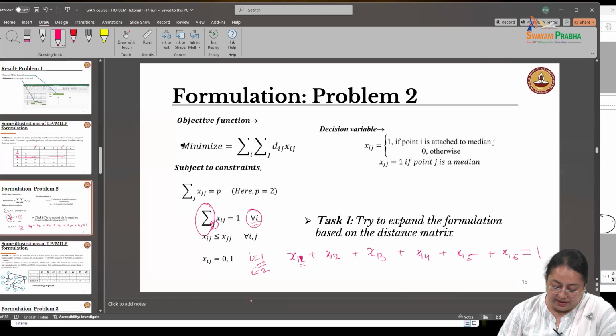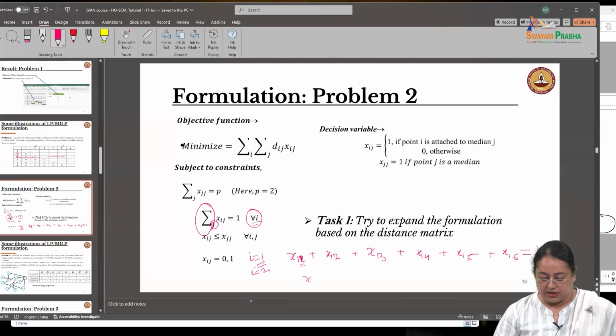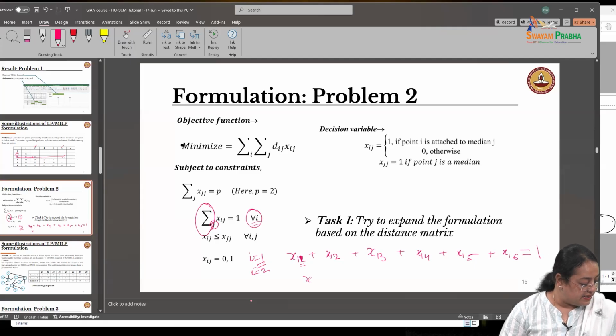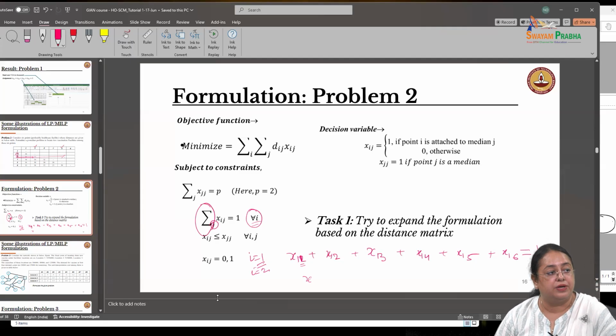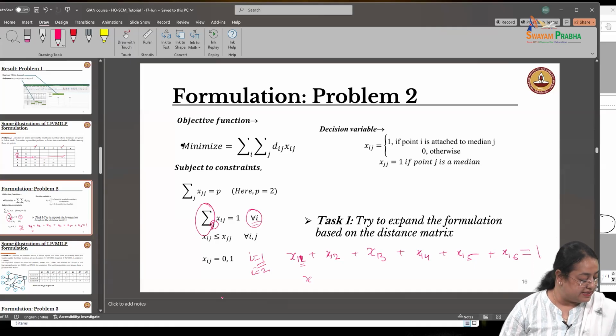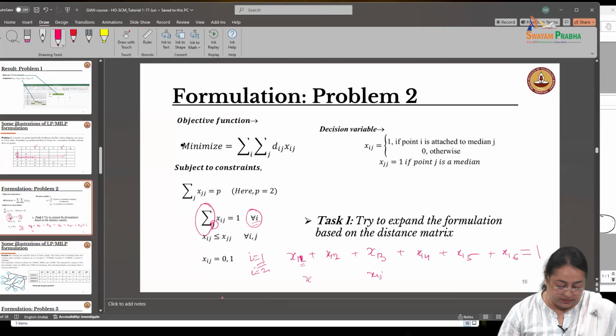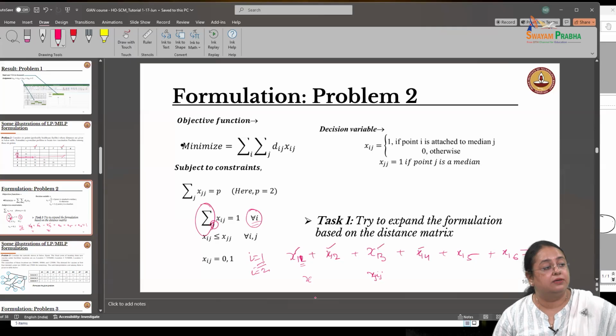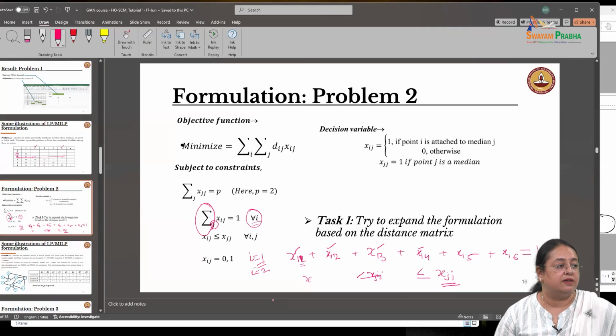And here we are writing X. Now the next constraint is Xij. How would we ensure that the healthcare facility which we are selecting, that Xjj... The assignments which we are doing have to happen only to the open facilities, meaning the facilities which are designated as potential healthcare facilities.